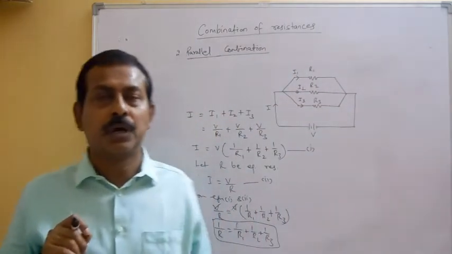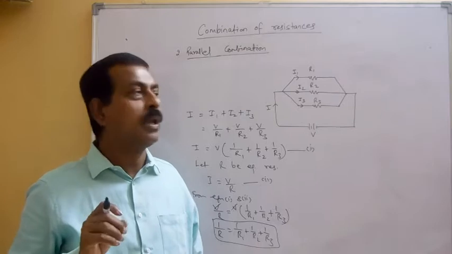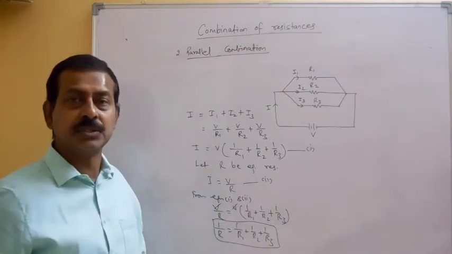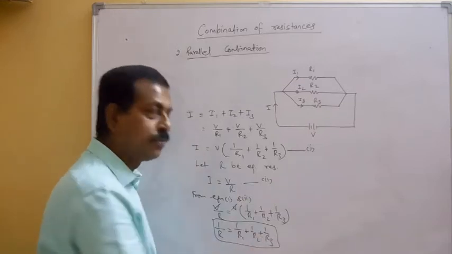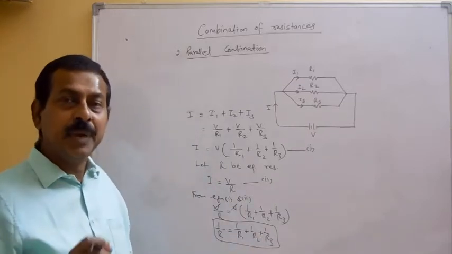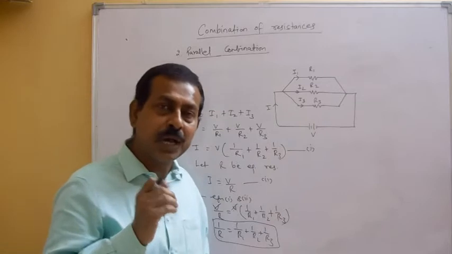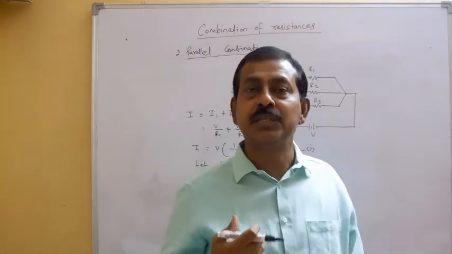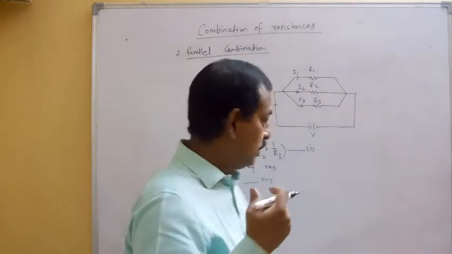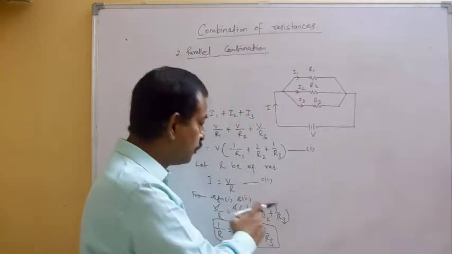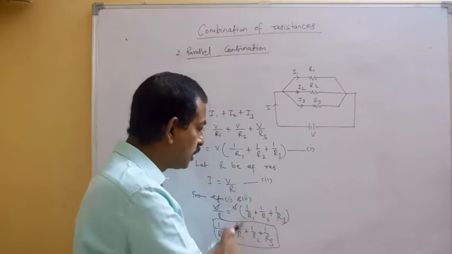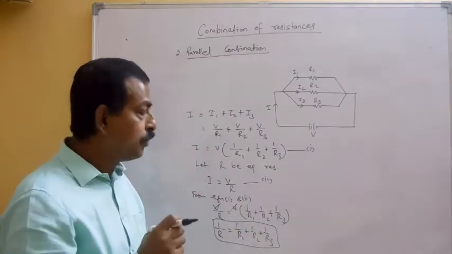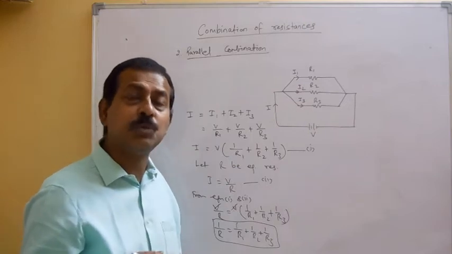Now, one thing you must remember, if we are calculating equivalent resistance using this formula: many times, if the values of R1, R2 and R3 are given and we have to find equivalent resistance, we do the simplification of the terms on the right side and we forget to take its reciprocal.